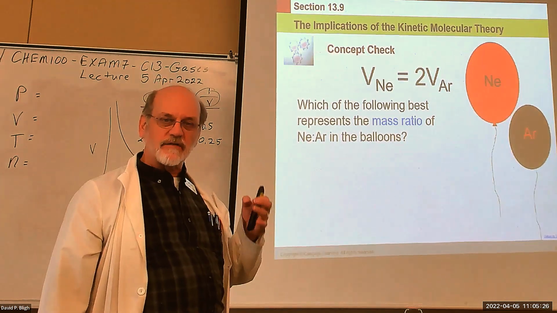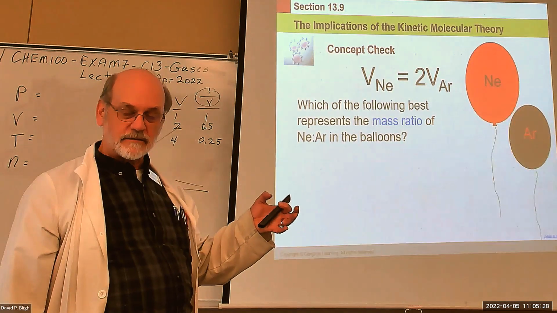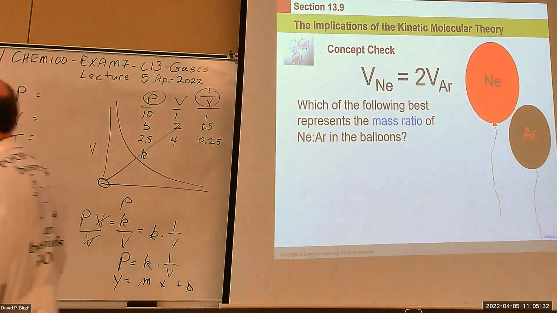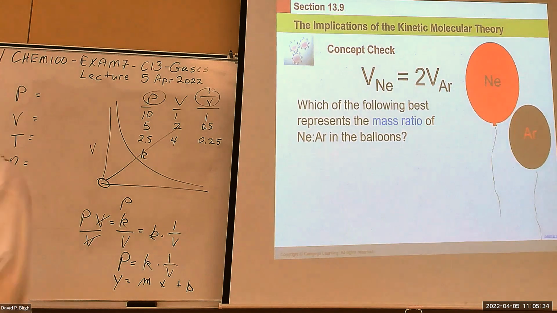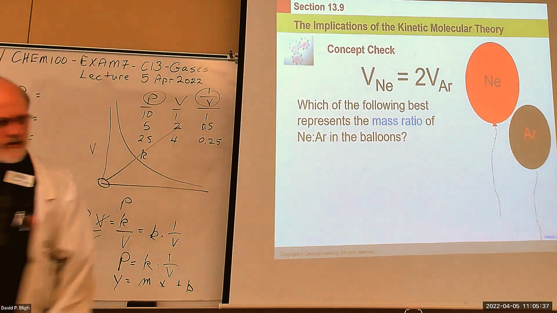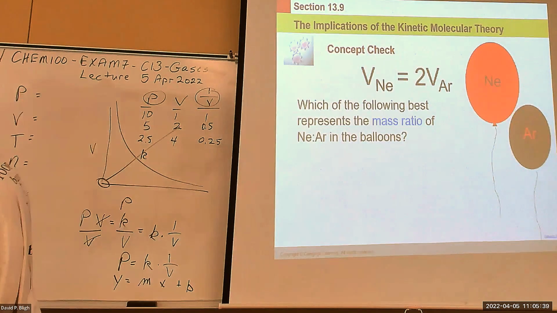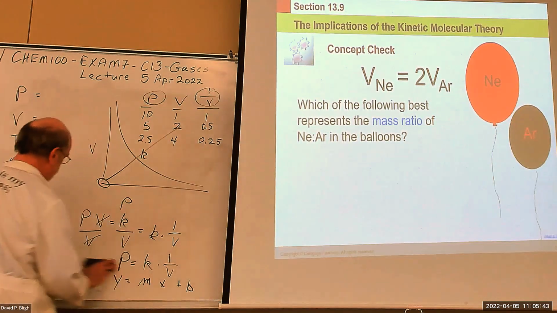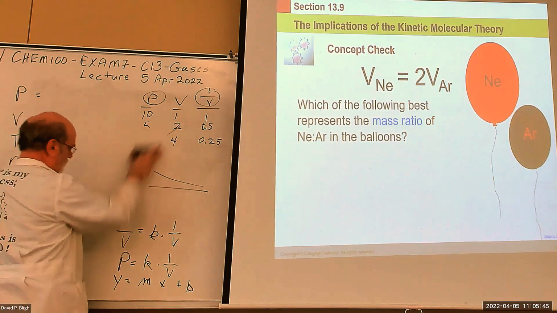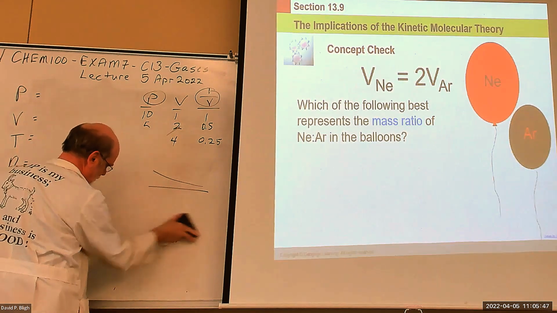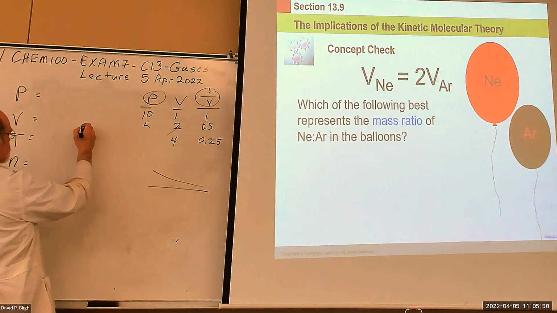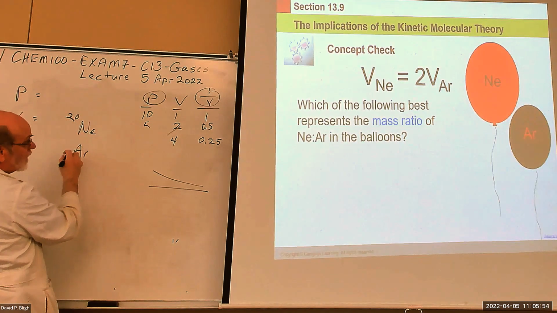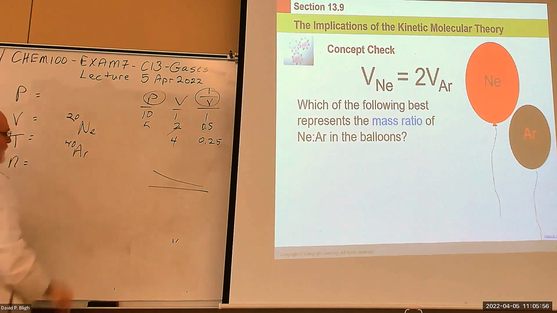So each one of the neons weighs, no, neon weighs 20. Neon is 20 and argon is 40.